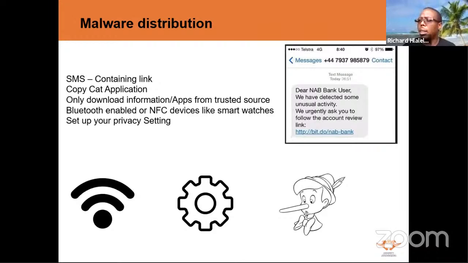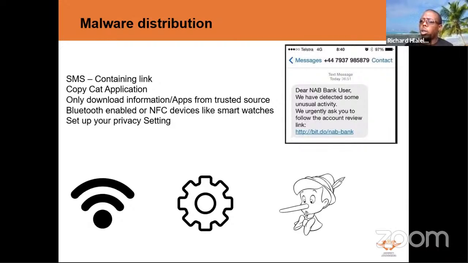And then the other thing is copycat applications. Lately, when you go into the Google store or any of the application stores out there, when you are looking for an application, it becomes very, very murky because you don't know which application is actually the right one to download, because there are so many of them with similar names.